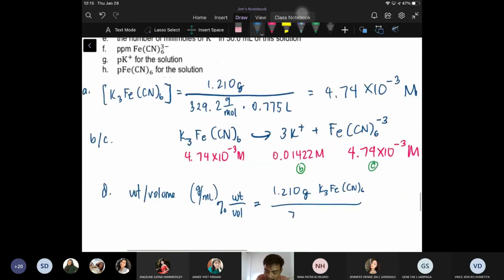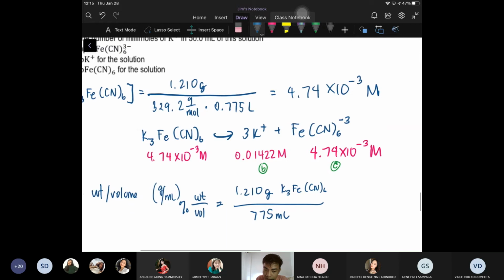So it's really just like density. But since it's a percent, it's times 100.